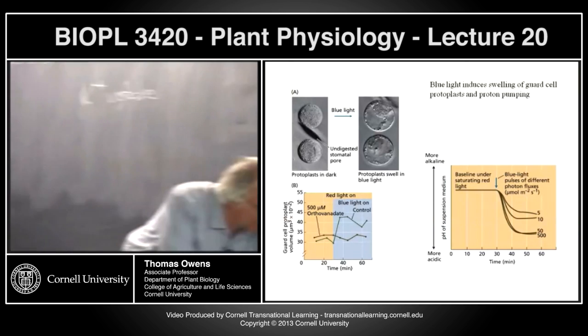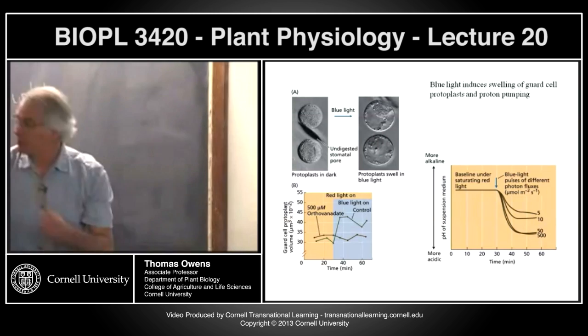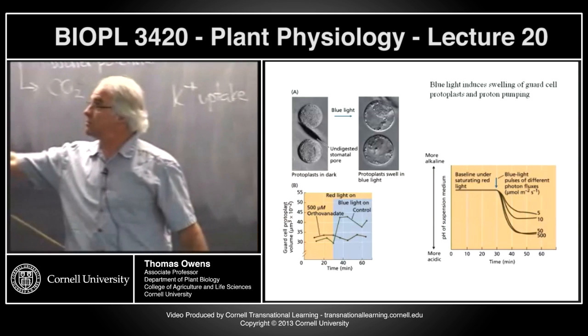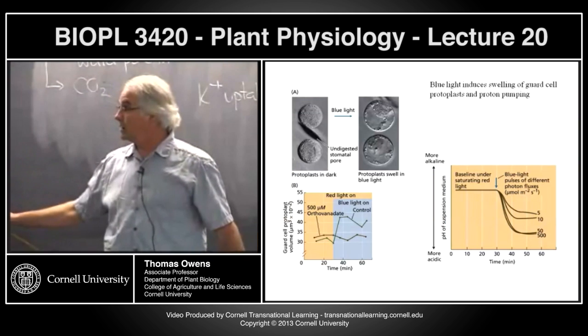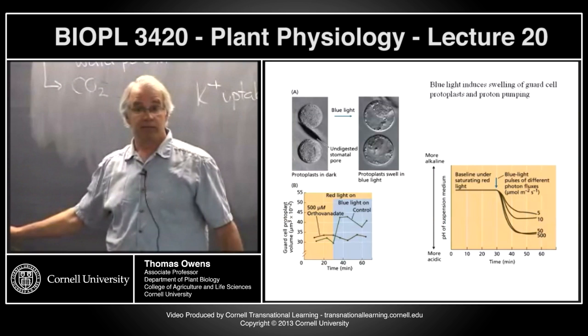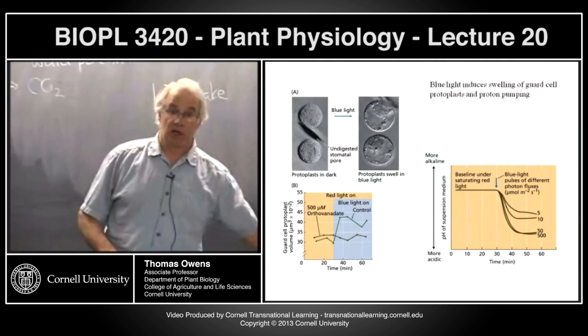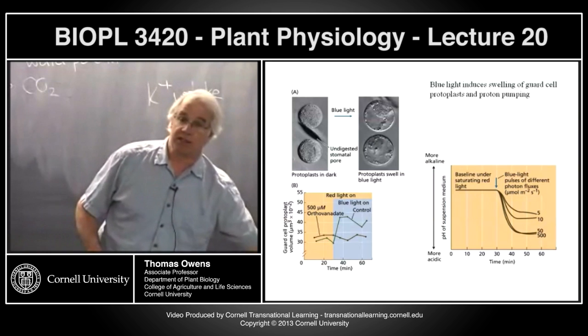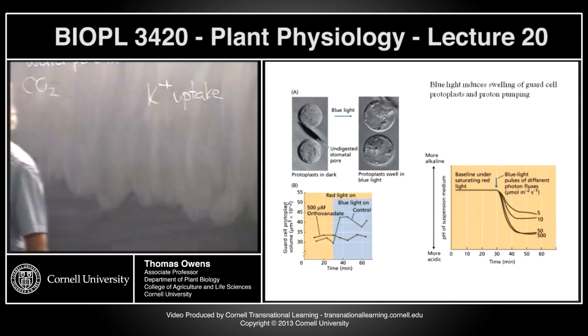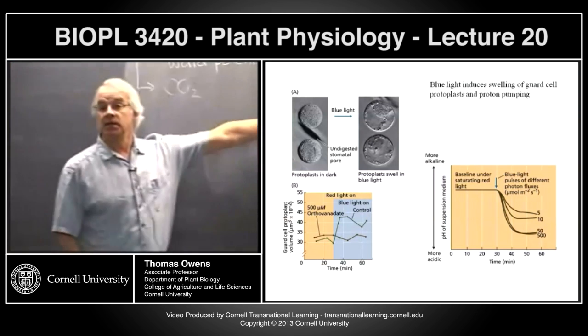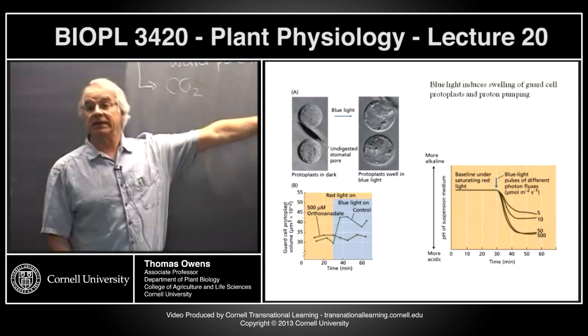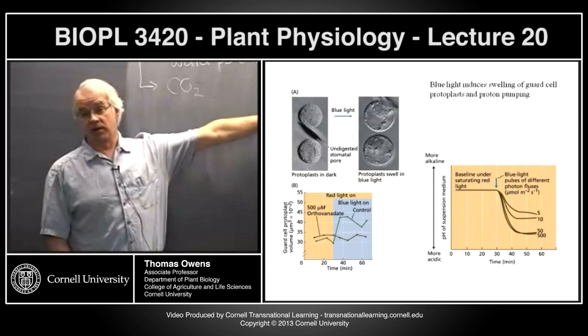But as we see, the proton pumping that's going on in response to a pulse of blue light lasts for a long time, 10, 20 minutes, something like that or more. Right? So the membrane potential may change transiently, but the proton pumping goes on for some time. So that means the potassium uptake must be counterbalanced by some other ion.